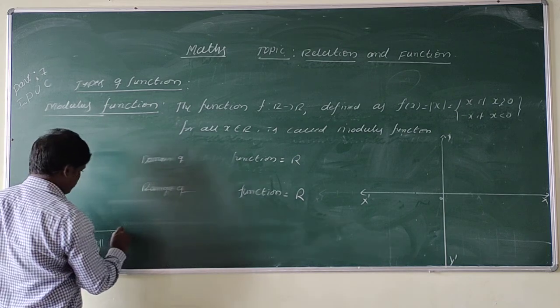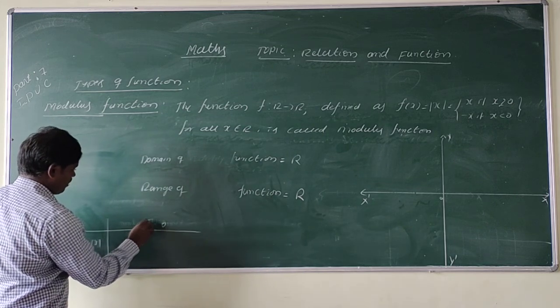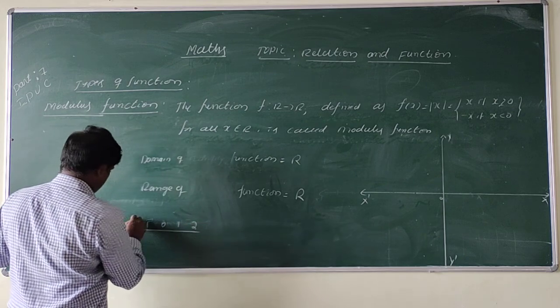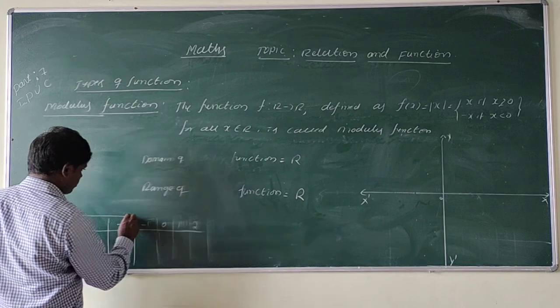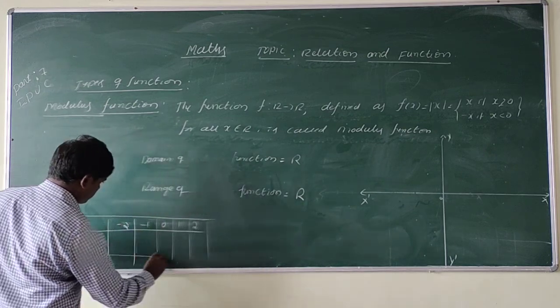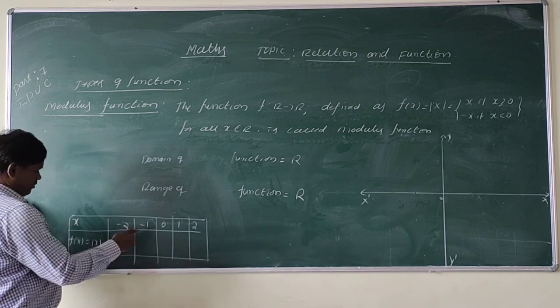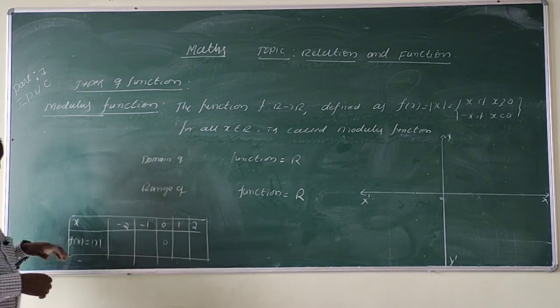Suppose I take 0, minus 1, minus 2, plus 1, plus 2. If I put x equal to 0, then mod 0 is 0.